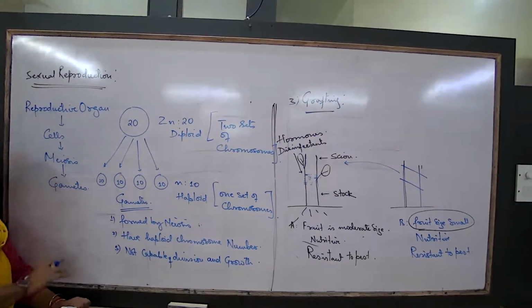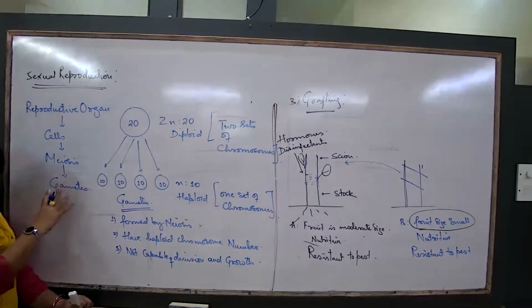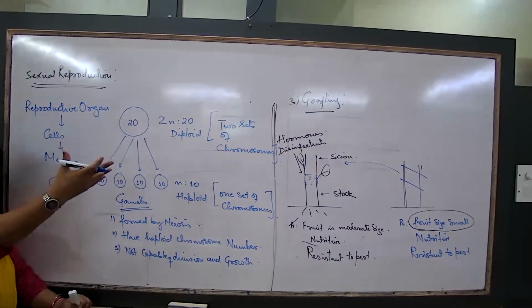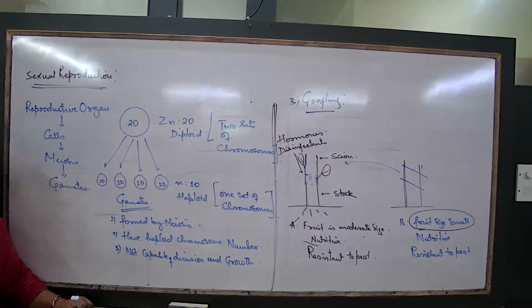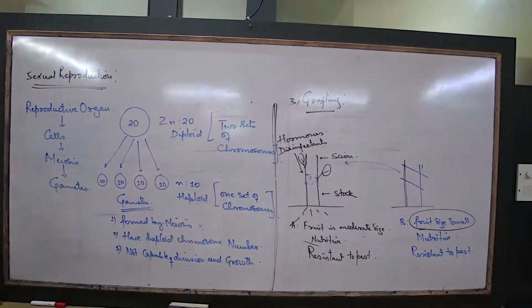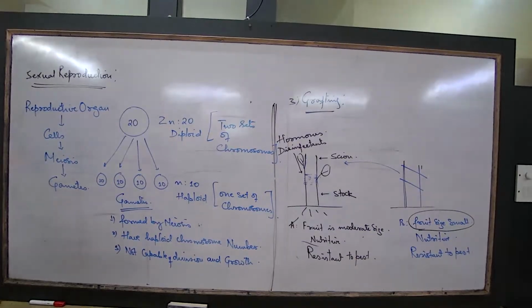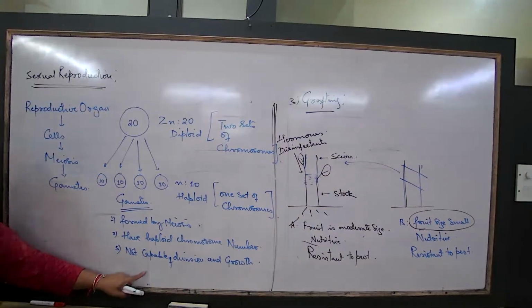So to start with this concept of sexual reproduction, which is the same for the flower and for the human that we study later, these are some of the common features to remember. What are gametes? How are they formed? What are their features? They always have half the chromosome number, and that is the reason they do not have independent existence.